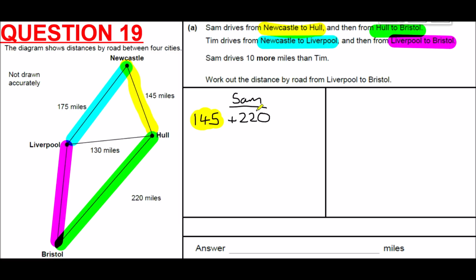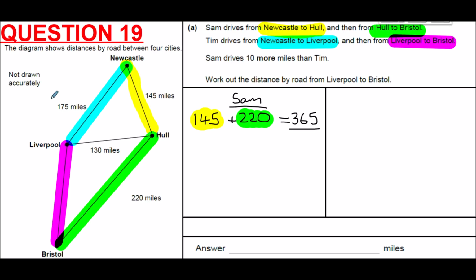In total, 145 plus 220, you should find that that's a total of 365 miles.